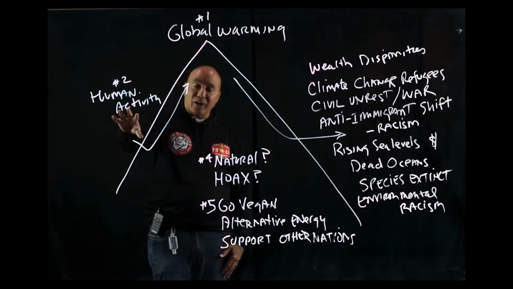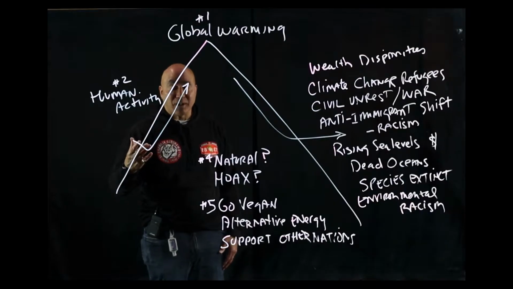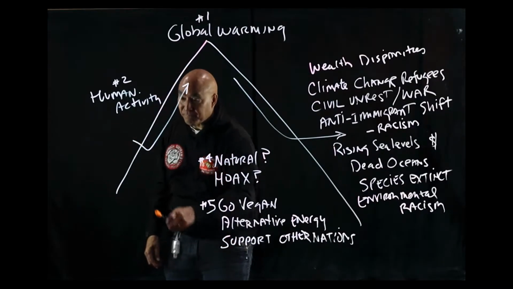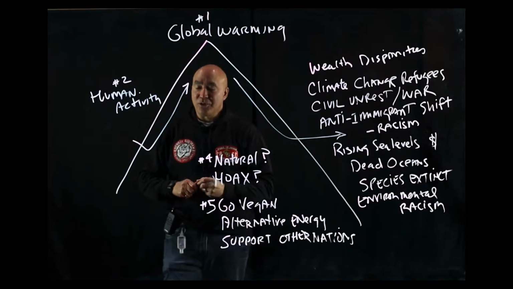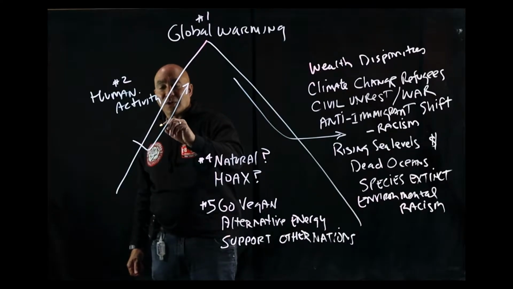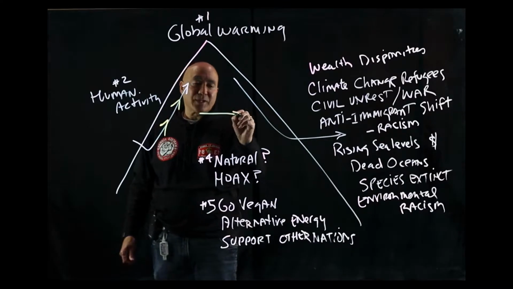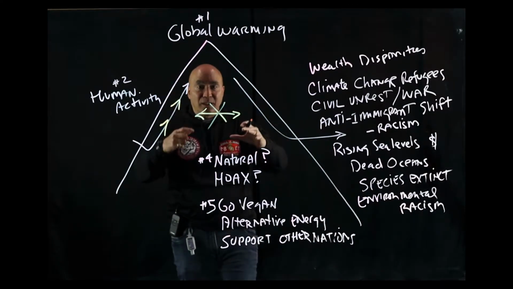Now you're going to make an argument that human activity, and you give examples of that, drives global warming. That's it. You'll notice here the arrows go up. The arrows do not go across. Again, this is not a cause and effect writing pattern.